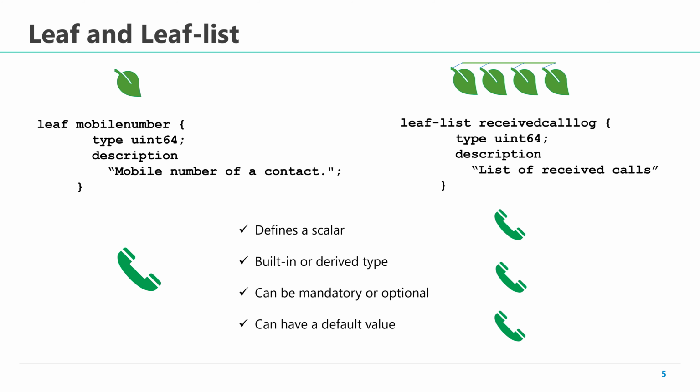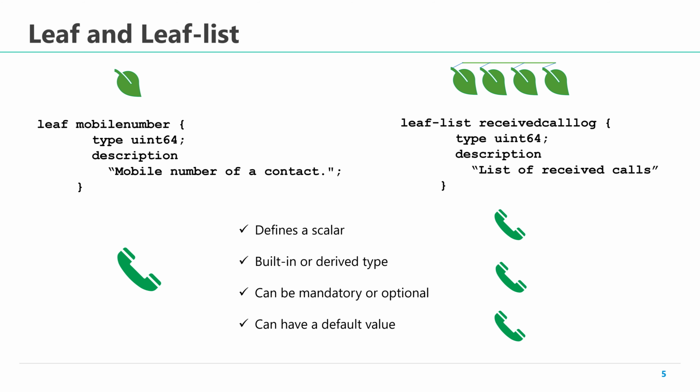The leaf can also be mandatory or optional. For example, if a leaf is part of a list, it is not always required that the leaf must have a value. If a leaf is a key, then it must have a value. Leaves which are not keys can also be specified in the model to ensure that when a configuration of the list is done, the value for the leaf must definitely be provided.